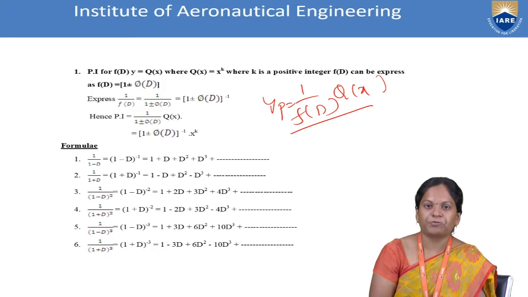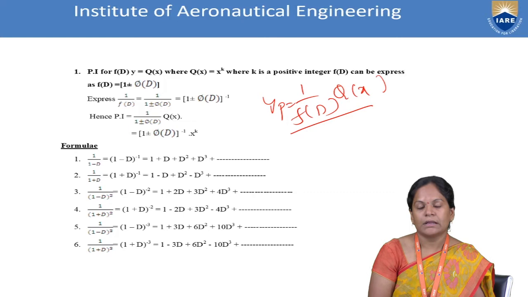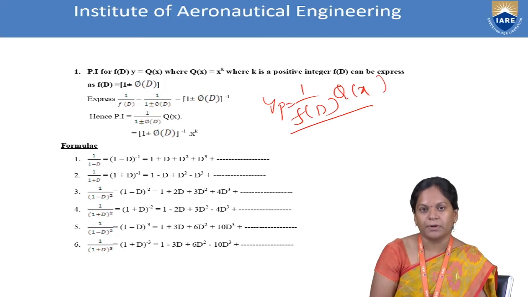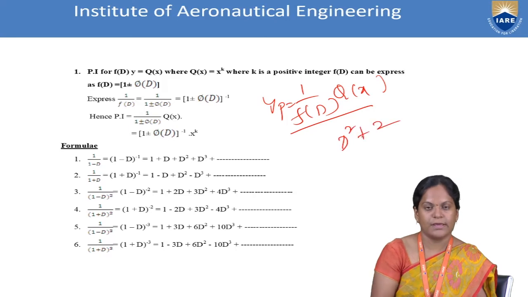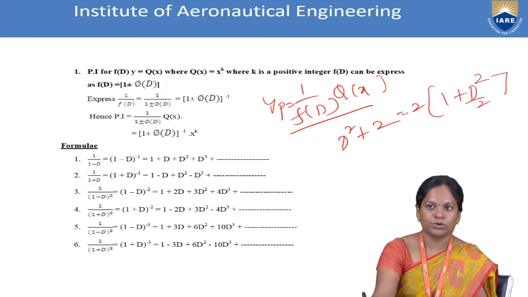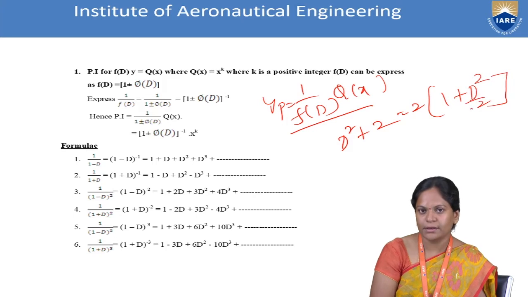Whatever f of D and whatever the order of the differential equation, take the least term common. Suppose we have D square plus 2. In this, what is the least term? 2. Take 2 common and we have 2 times 1 plus D square by 2. So for any f of D, take the least term common and we get 1 plus something.